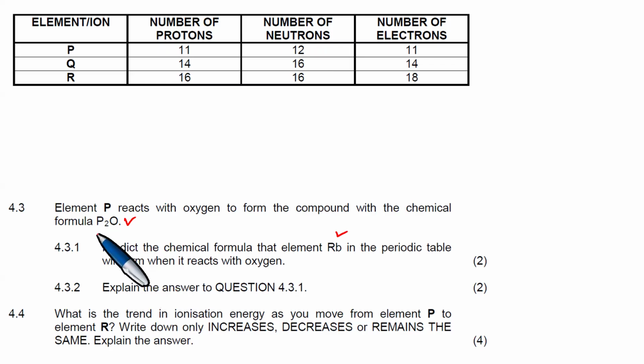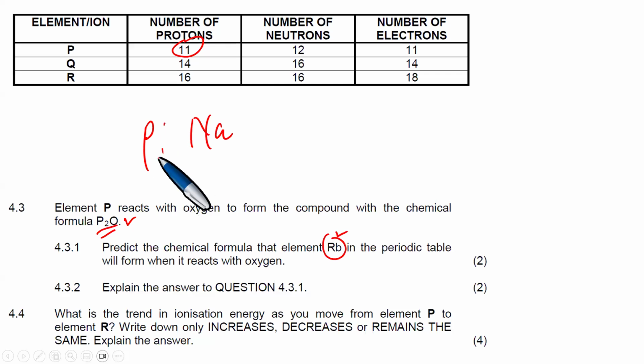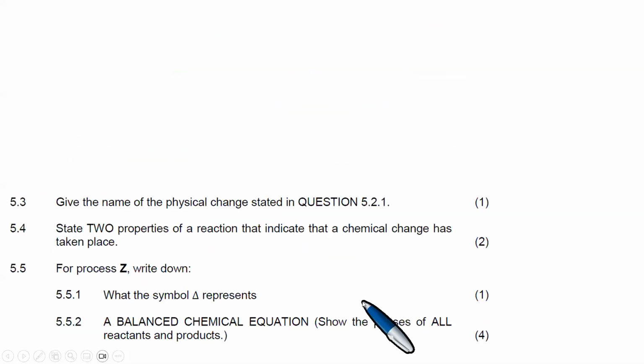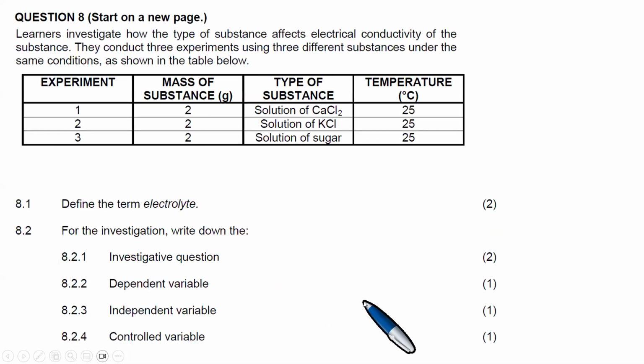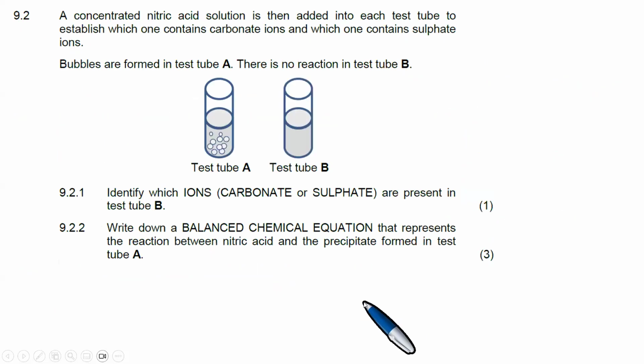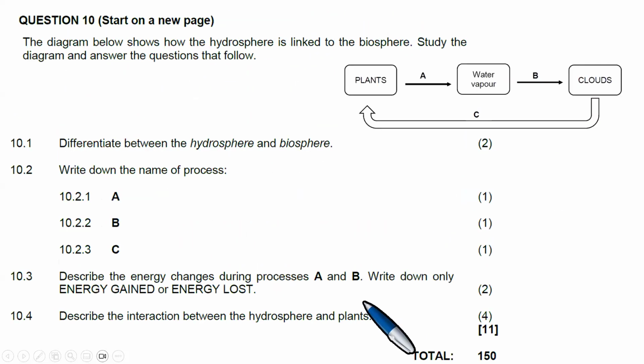Right. Now let us look at rubidium in the periodic table. We saw that element P is sodium. I'm going to bring up rubidium, Rb.